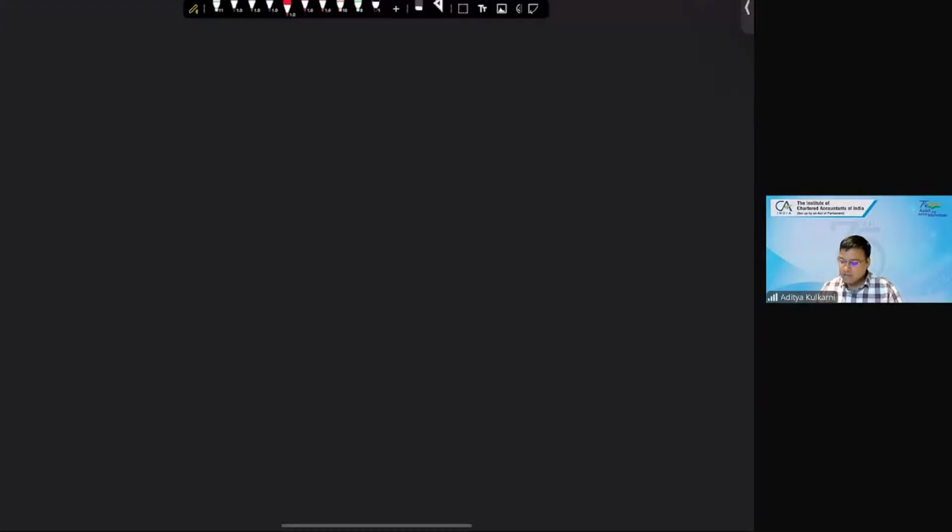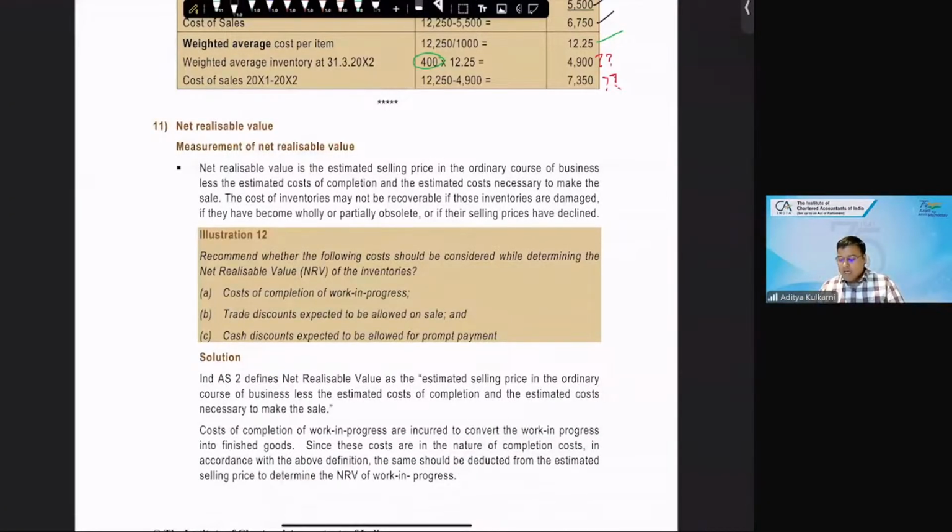Yeah, some more discussions. NRV, whether the following cost should be considered while determining the NRV of the inventories. Cost of completing work in progress, yes, you will deduct it because it is sale value minus cost of making the sale. So selling price minus cost of making the sale will be your NRV.